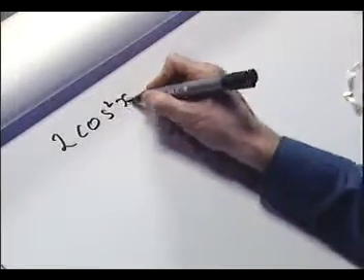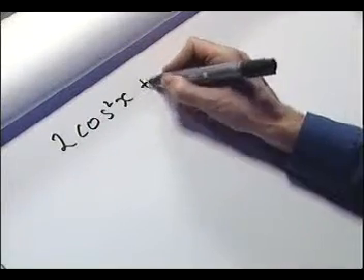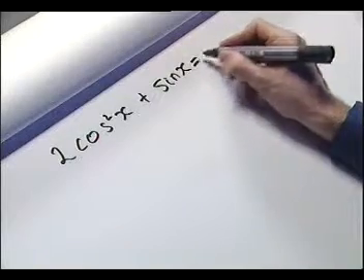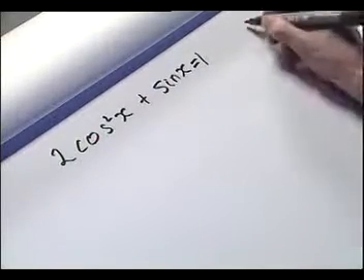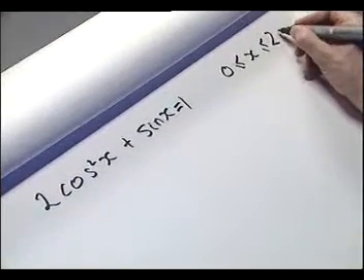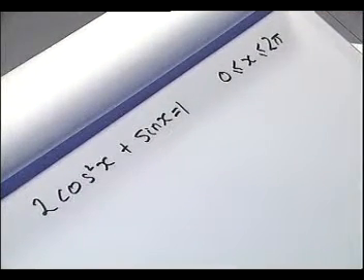A final example here, working with the idea again of using those identities, and we'll take 2 cos squared x plus sine x is equal to 1, and we'll take x between 0 and 2 pi.